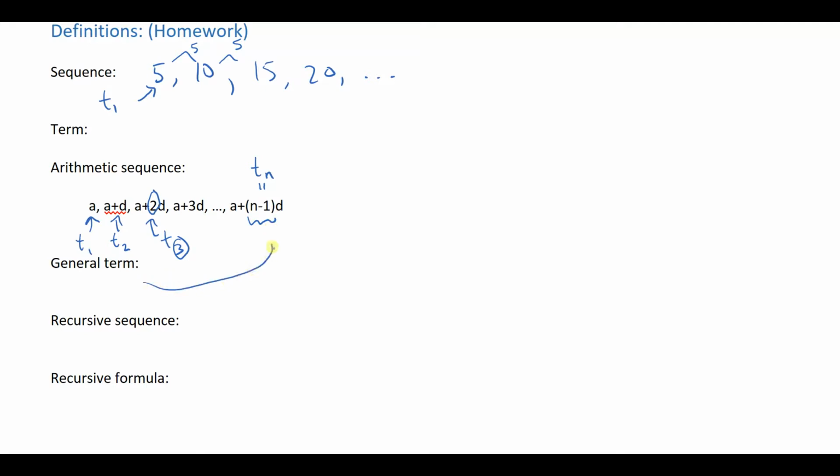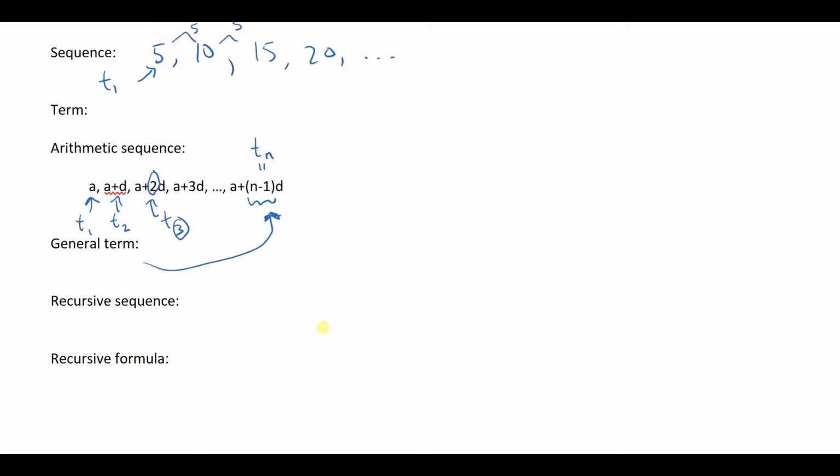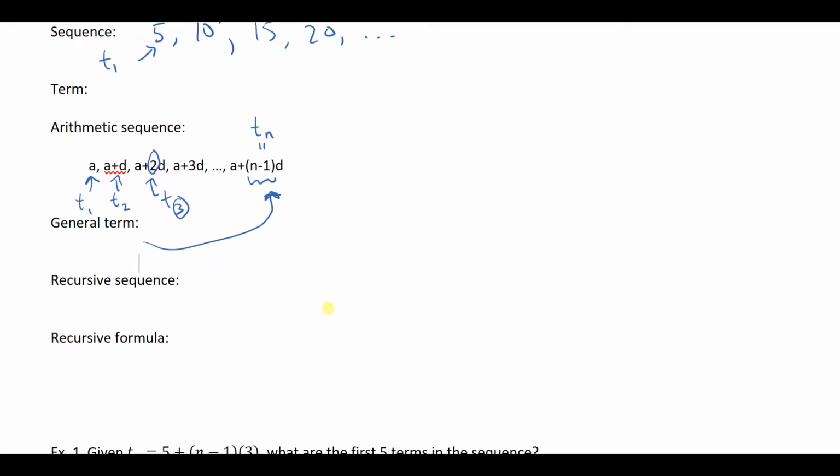So what I've set up here is our general term. It just represents any possible term in the equation. I could sub in a number for n, and it would give me the number for that term. It's very much like having an independent variable n and a dependent variable tn.